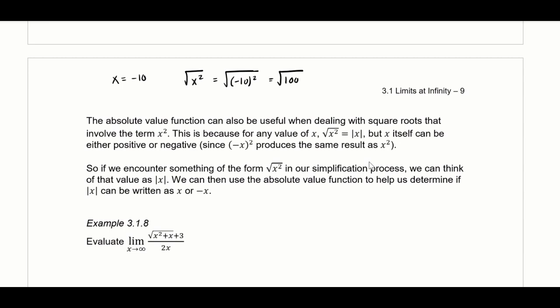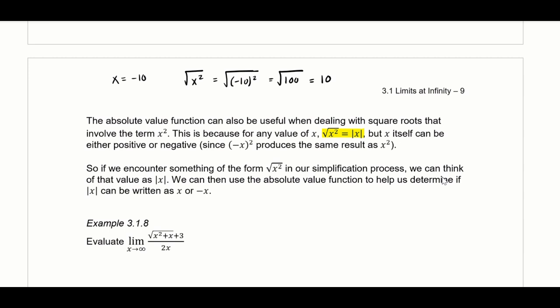And the square root is going to just bring us back to the positive value of our input. So these are equivalent in terms of what they give you back. For any value of x, the square root of x squared is going to be the same as the absolute value of x. The thing is, though, is that the input can be either positive or negative.